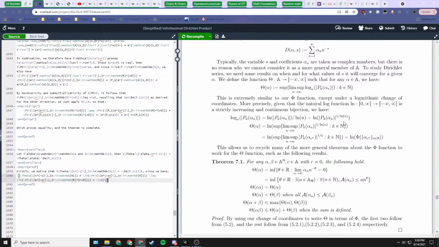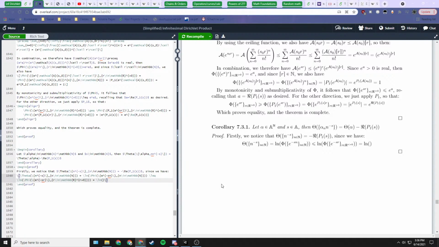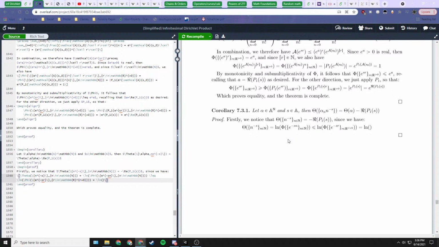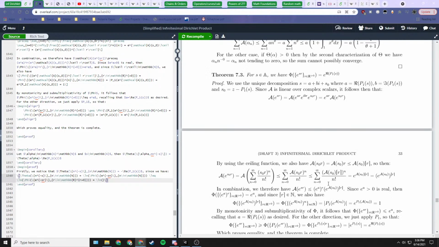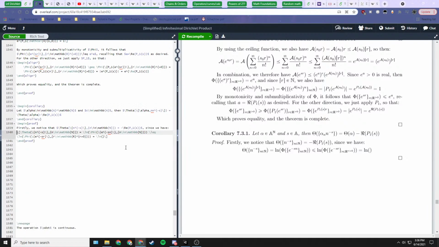Theta alpha is the log of phi alpha sub e to the n. And we have theta, this is log phi e to the n minus s. Okay, minus s. And log of phi is less than or equal to log of phi of this, which is, okay, this is fine, because we do have e to the power of the real part of P1, so then this just ends up being the real part of P1 of S.